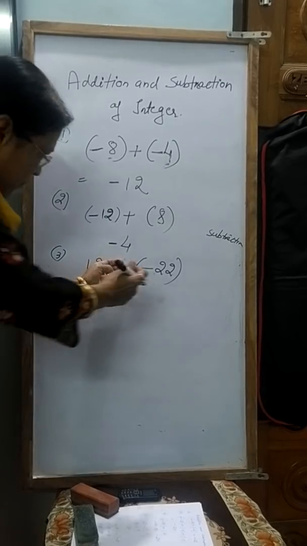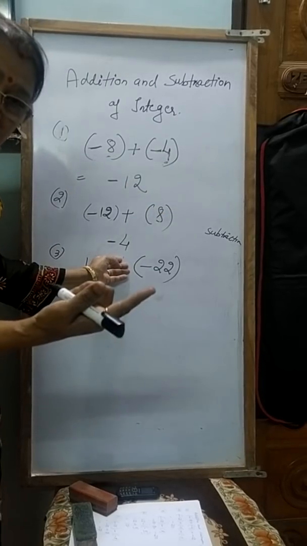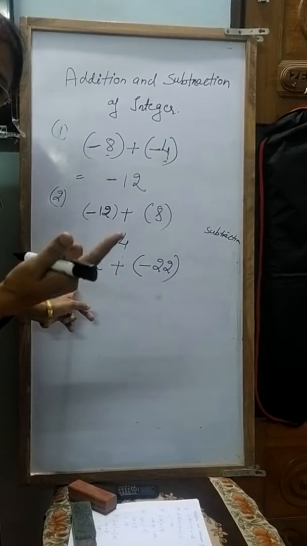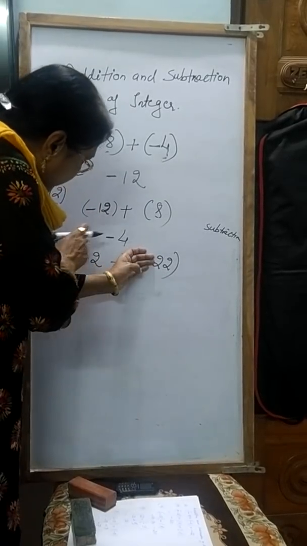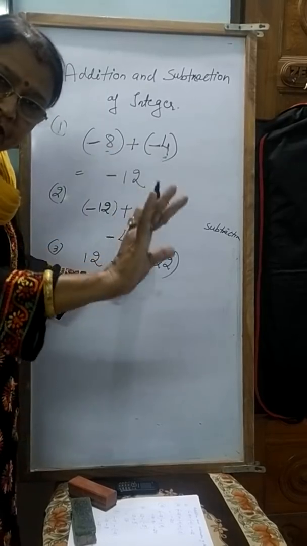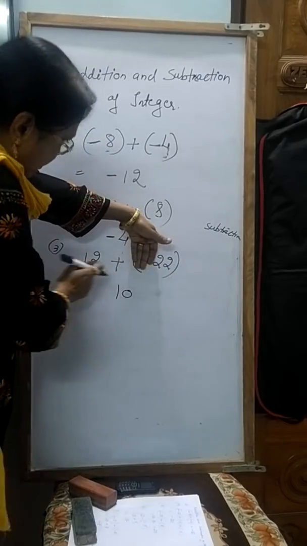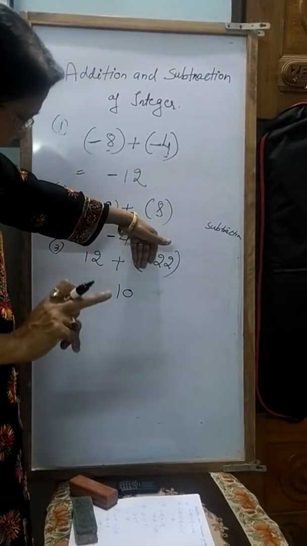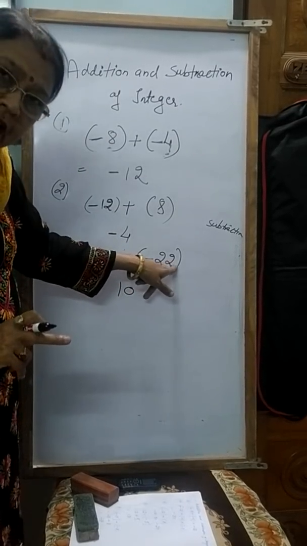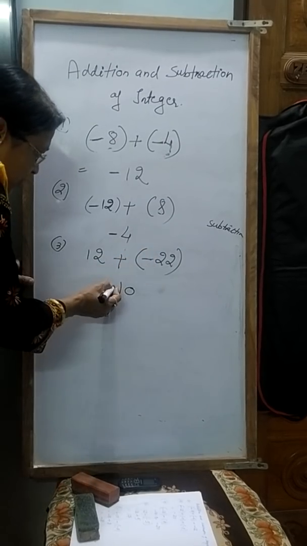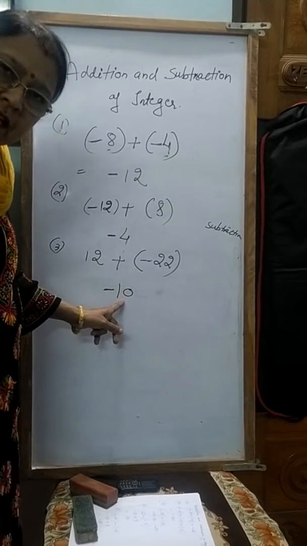One number is positive and another one is negative, so you have to do the subtraction. तो जो नंबर बड़ा है, 22 में से you have to subtract 12. So 22 minus 12 is equal to 10. But 22 is greater, 22 बड़ा है, उसके आगे माइनस साइन है, you have to put the minus sign. So you get the answer minus 10.